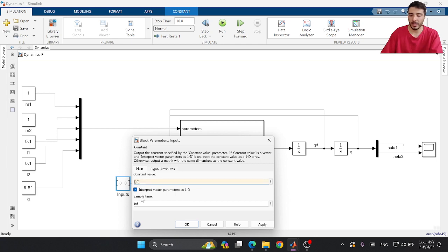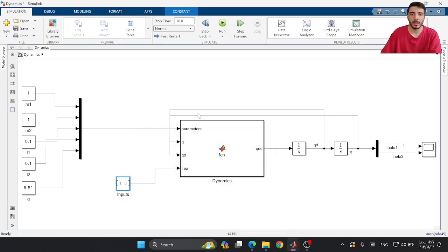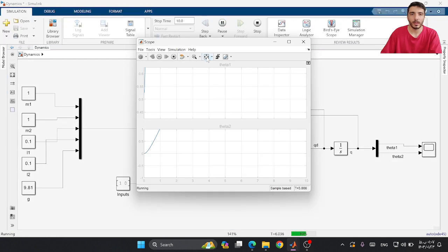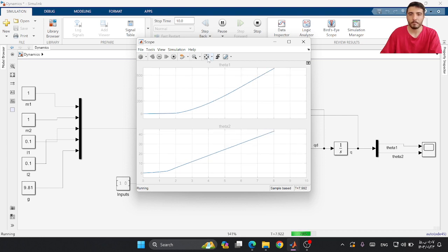For example, we have 1 as the first one. We have to see something different. Yes, something is different, but I need to see the dynamics of our system without any inputs.